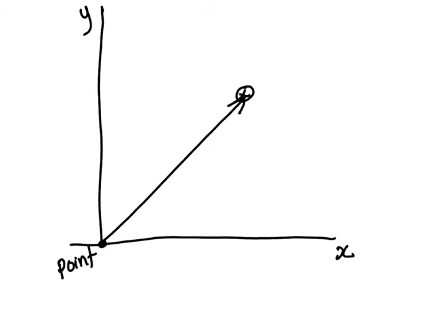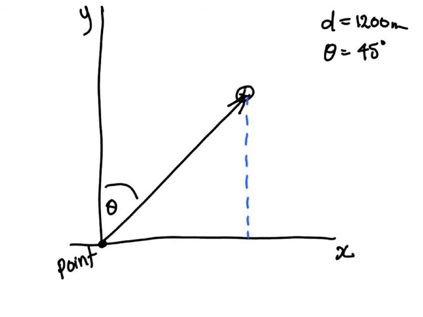Let's simplify that diagram on the XY. Here's the point. Here's our location in the boat. D equals 1200 meters. We know that theta equals 45 degrees. So we can set up a transformation.